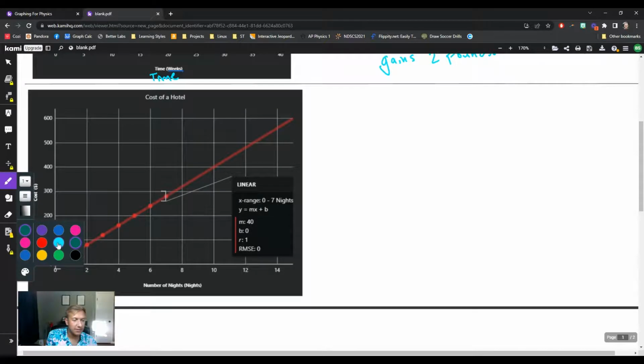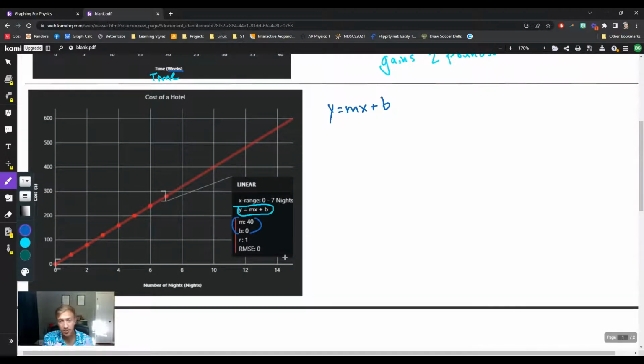So again, if you're using graphical analysis, you have this box on there, which tells you everything that you need to know. The math model is right here. So again, we start with that math model, y equals mx plus b. I have m and I have b given to me right there in my box, straight from graphical analysis.